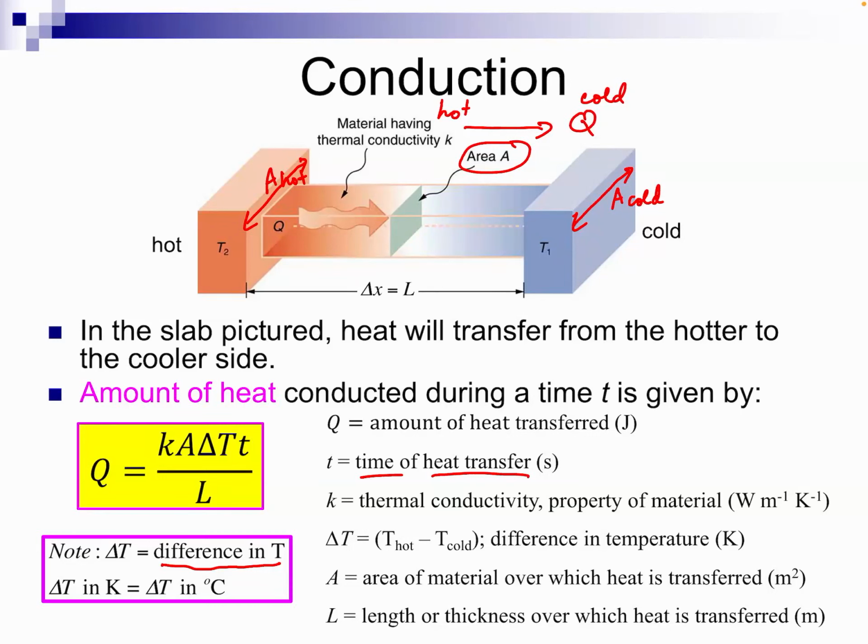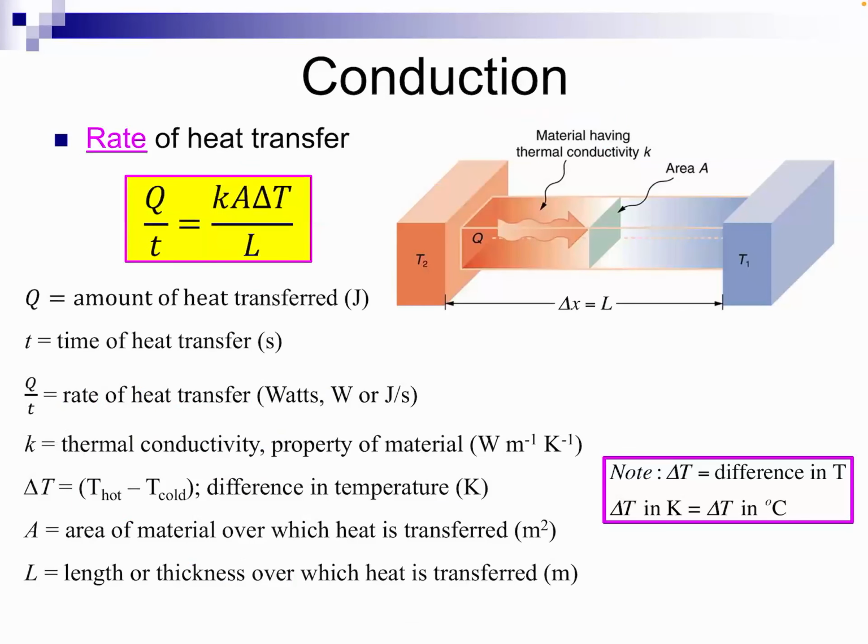Sometimes we also want to know the rates of heat transfer. Sometimes we want to know not the exact amount of heat, but rather how quickly heat is transferred between the two objects, in which case we want to consider the rate of heat transfer. When we say rate, it's always something divided by time. In the case of heat transfer, rate means the amount of heat divided by time.